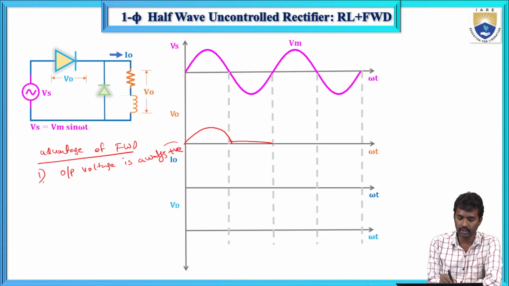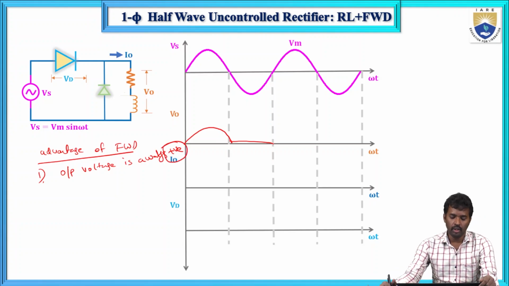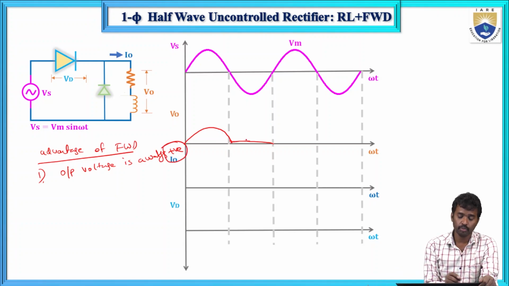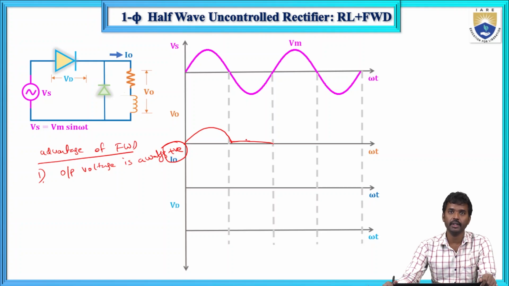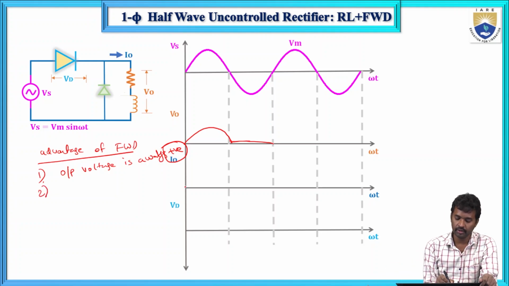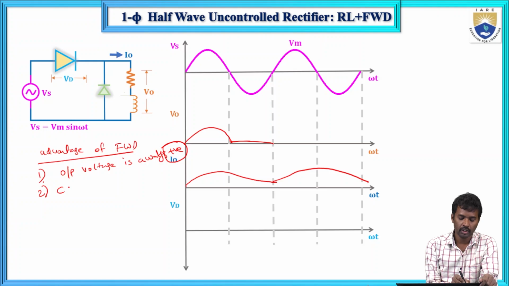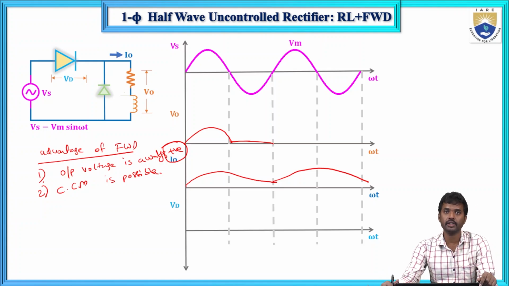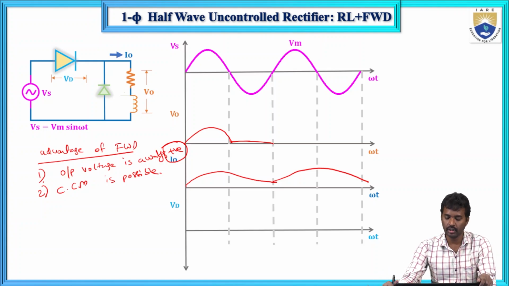This is an important case. The output voltage never becomes negative, always positive. Second, continuous conduction mode is possible. In all the remaining cases there is discontinuous conduction mode.